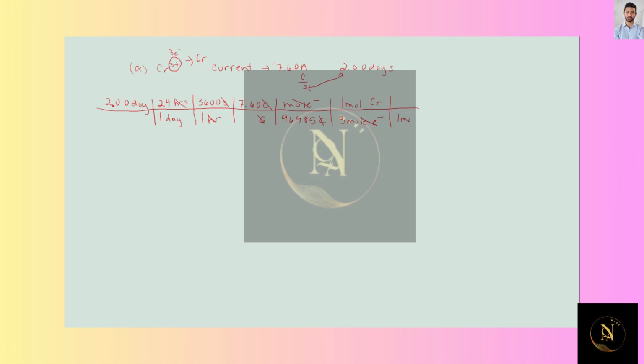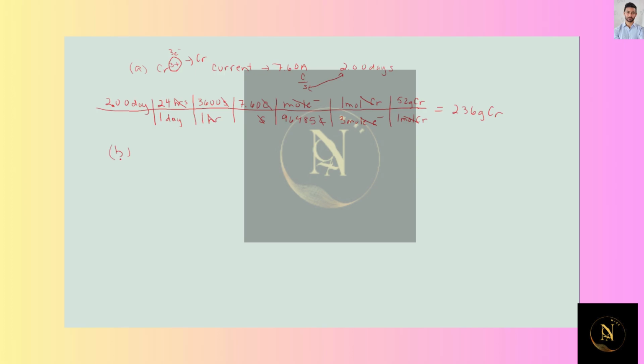For every 1 mole of chromium, there are 52 grams of chromium. That's the molar mass of it. So moles cancel. And then you just plug all that in your calculator. Start with the 2, multiply by numbers on the top, divide by numbers on the bottom. I'm rounding to 3 sig figs, and I get 236 grams of chromium can be plated in those 2 days.